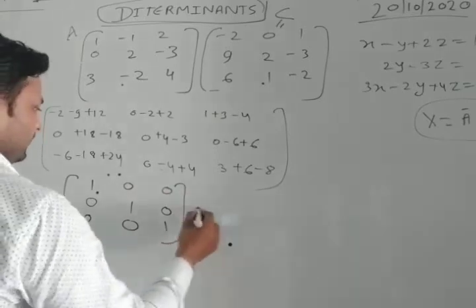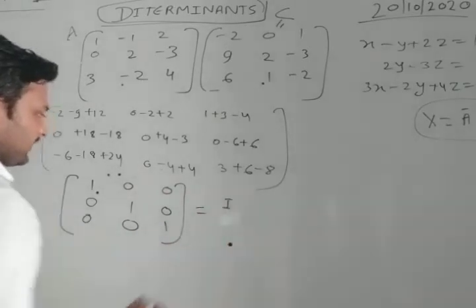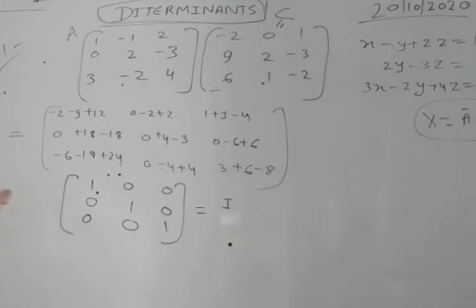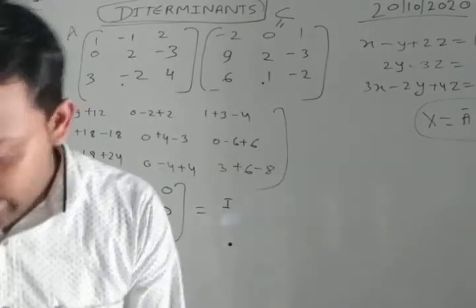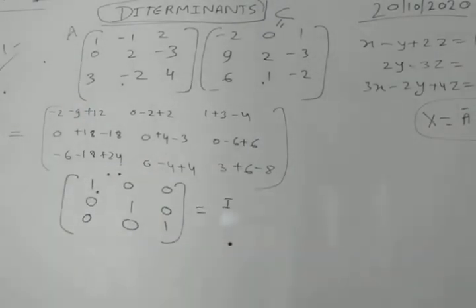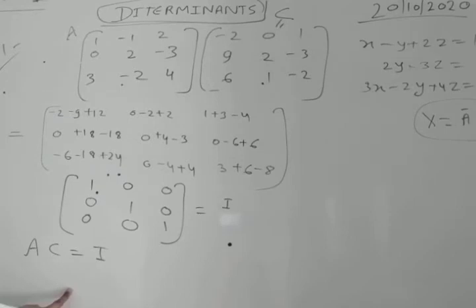So we are getting an identity matrix. Our product is an identity matrix. So we can write AC is equal to I.